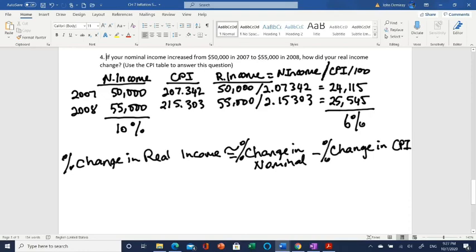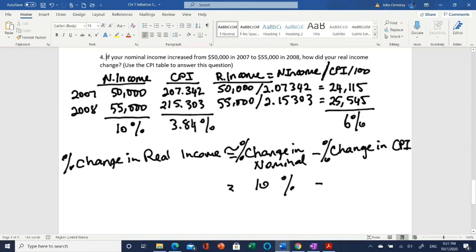So we have the percentage change in nominal income, so that is 10%. And I want to calculate the percentage change in the CPI. Again, the percentage change can be found by taking the difference between the two values, 215.303 minus 207.342, divided by the first value, 207.342, times 100. So I'm going to do that quickly. Okay, so the percentage change in the CPI is 3.84%.